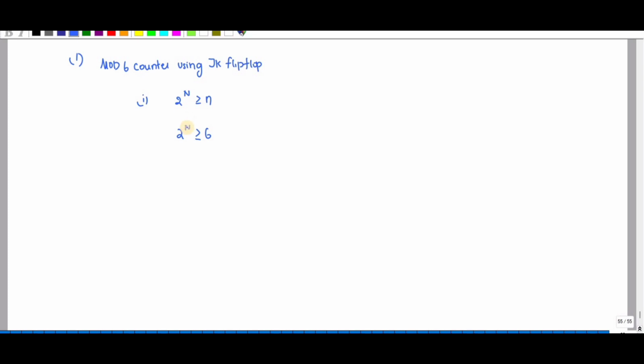If it is 2, 4 is not greater than or equal to 6, so the n value should be 3. Here n represents the number of flip-flops, so I am going to use 3 JK flip-flops.